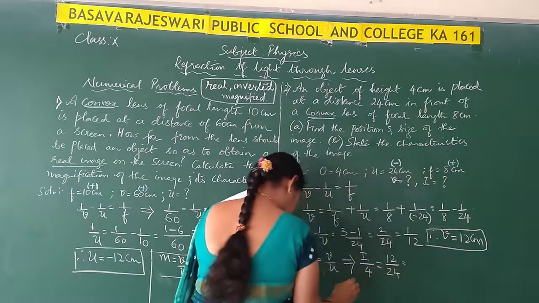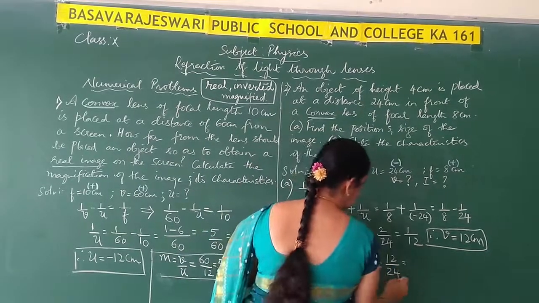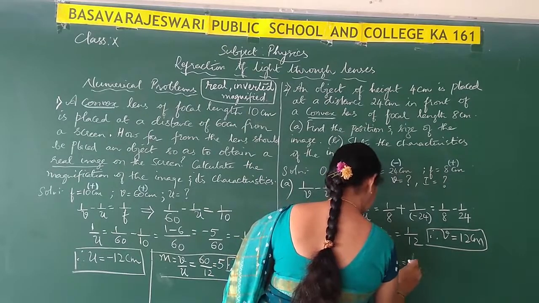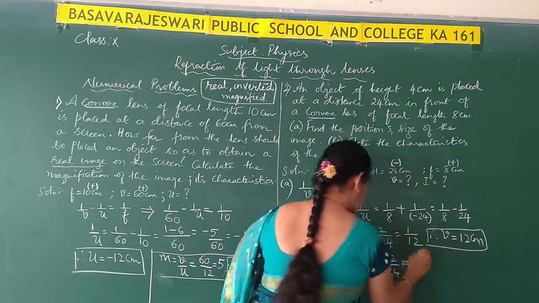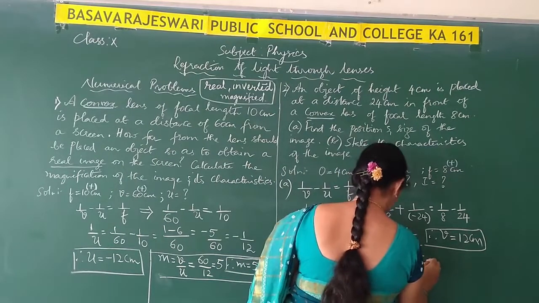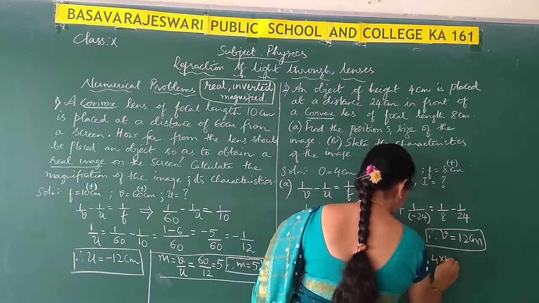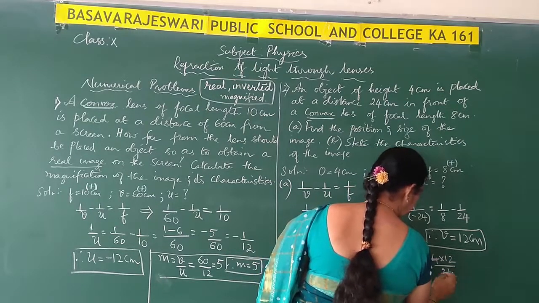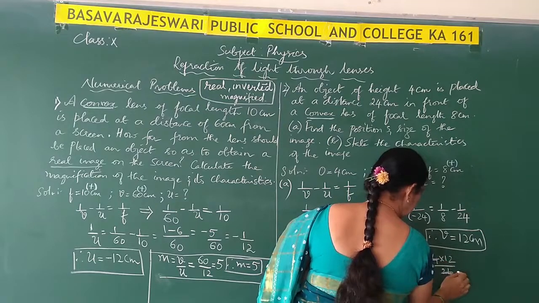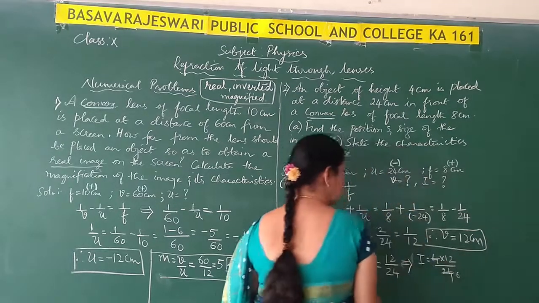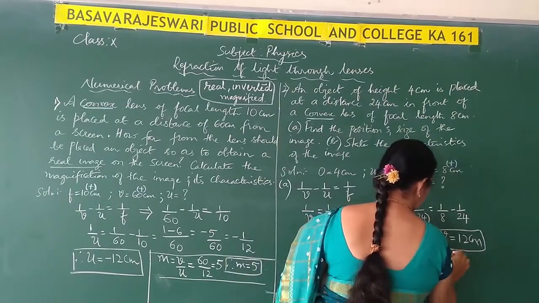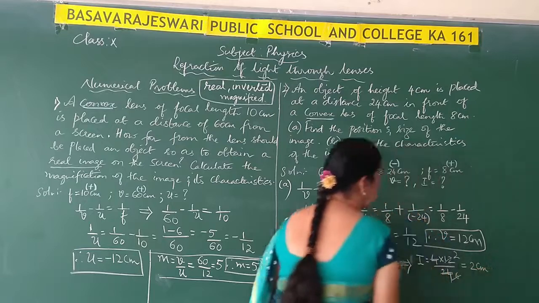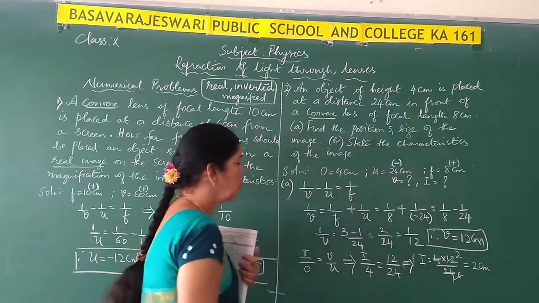Therefore I will be equal to 4 into 12 by 24, which is 2 centimeter. I is equal to 2 centimeter.